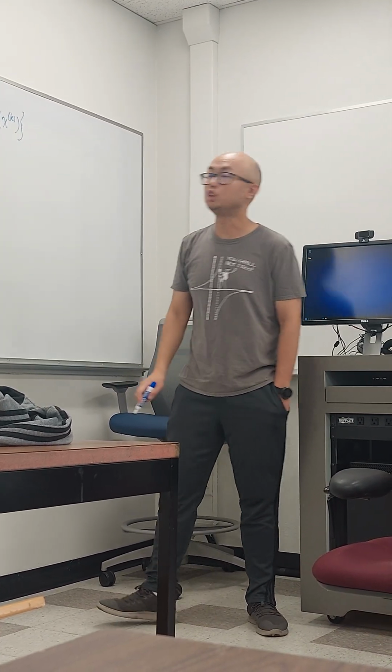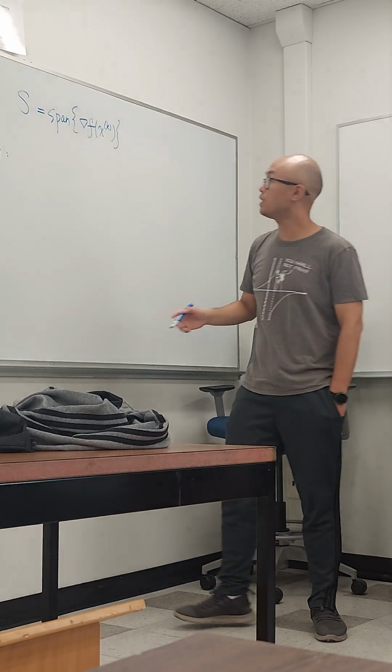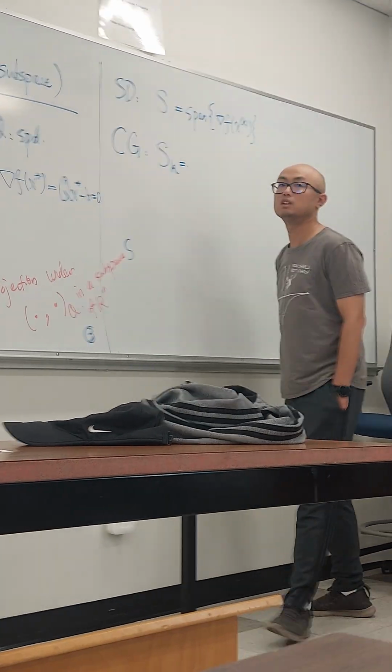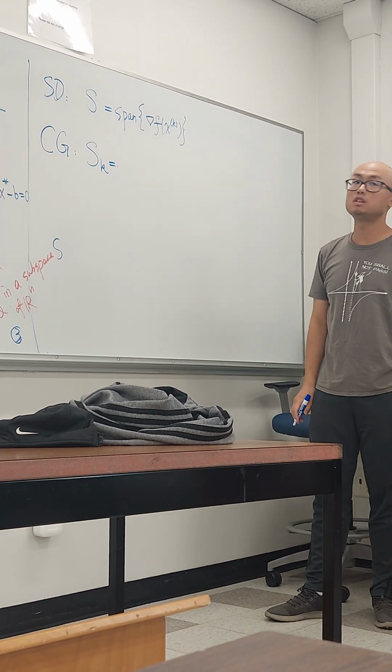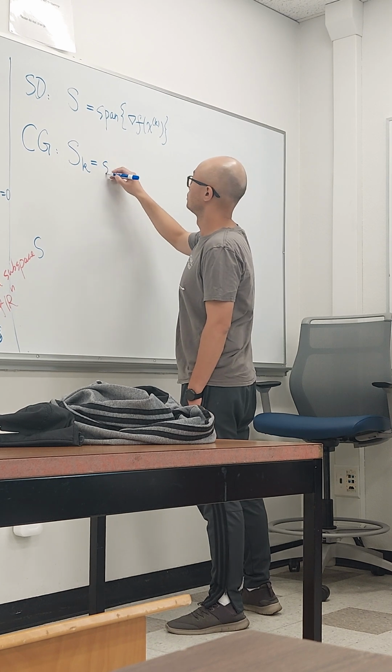Okay, so CG, at every iteration, has a dimension k+1 subspace.